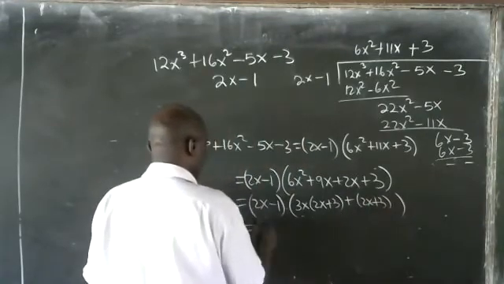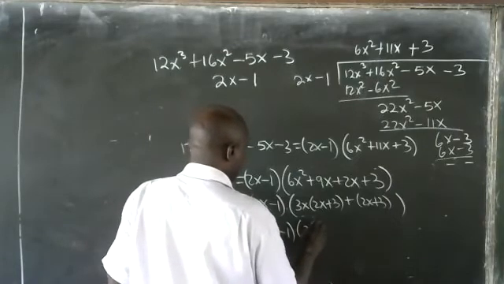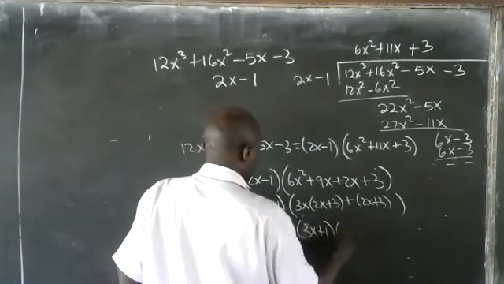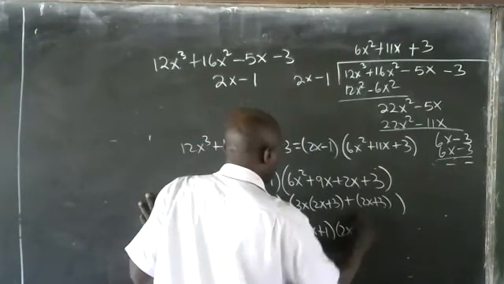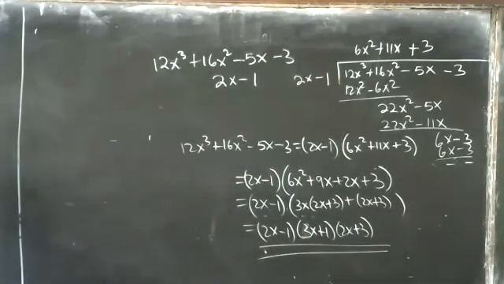So then this will give us 2x minus 1, 3x plus 1, 2x plus 3. That is how you can factorize that thing completely.